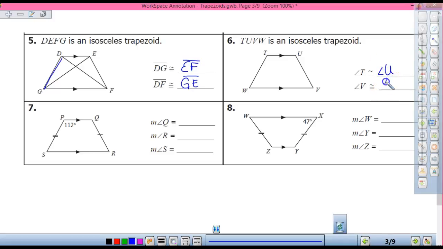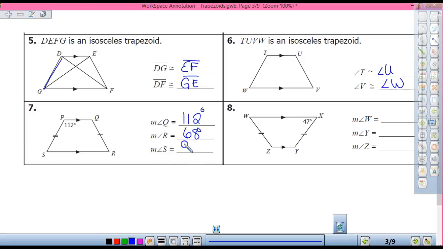And number 6. B is congruent to angle W. So if we go over here, what's Q? 112. And then R has to be 68 because consecutive angles are supplementary.